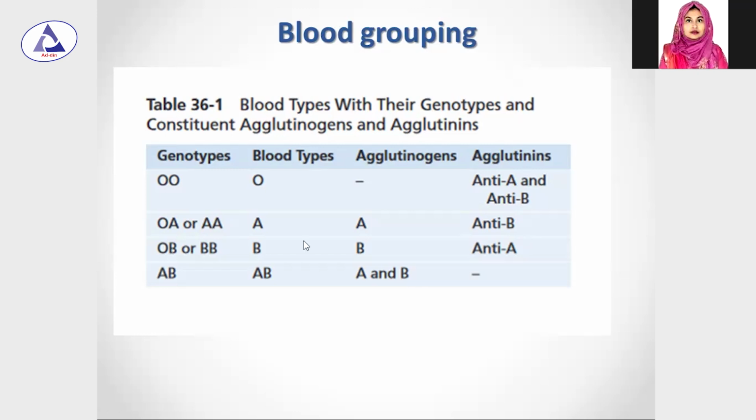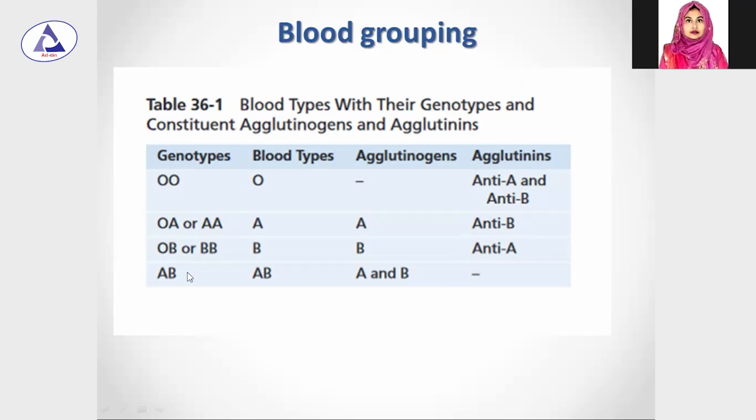Then come to blood group B. What is its genotype? B, B or O and B. Here the same thing occurs: B agglutinogen is present, its corresponding antibody, anti-B, is absent, and it has antibody anti-A.